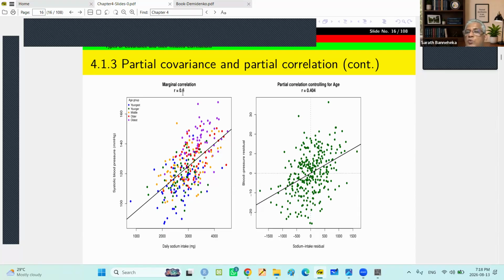Right? But when you remove the effect of age on X and Y separately, then according to this, there is still some linear association remaining between X and Y. That is probably because one reason may be the correlation between X and Y also depends on some other variables that we have not considered here.